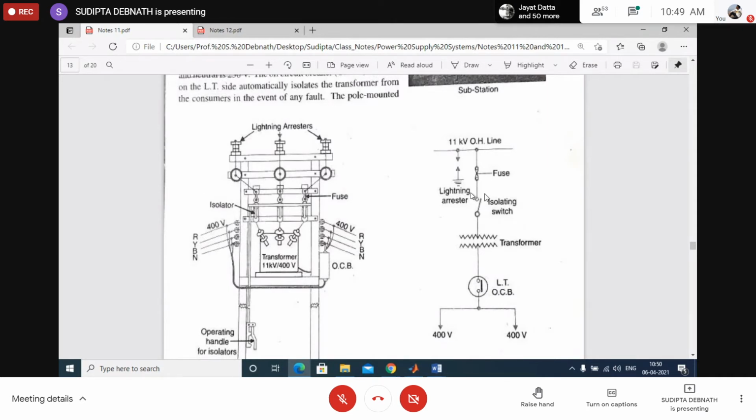Say this is connected. It is carrying current, so there is some electromagnetic energy. Now as soon as it is opened, the current cannot become abruptly zero. That energy must be transformed. It is transformed to electrostatic energy, and a huge voltage gradient is established in this gap, so that voltage gradient creates an arc.